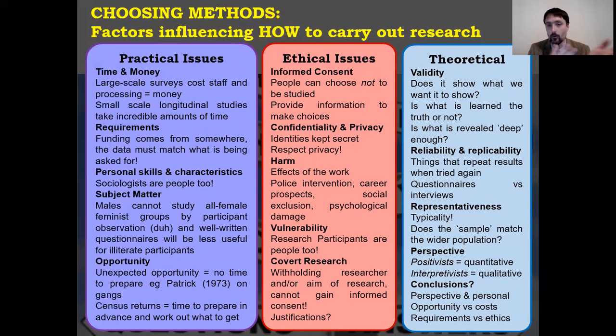So for example, take questionnaires versus interviews. If you sent out a series of questionnaires to a cross-section of the population, like a census return, for example, you should be able to do it again with the same information in a different cross-section and get a pretty similar result. And the census has over time adapted to that.